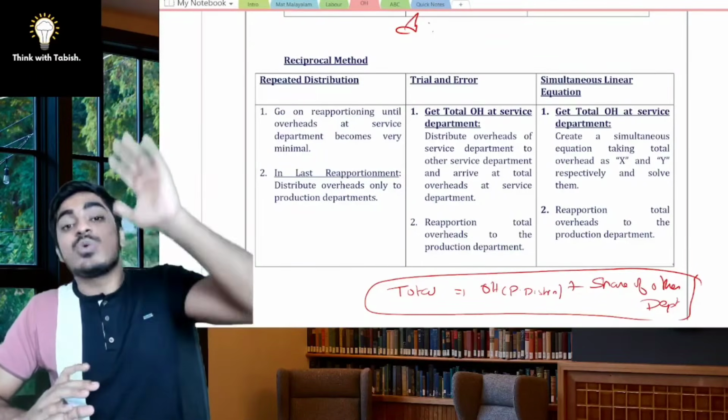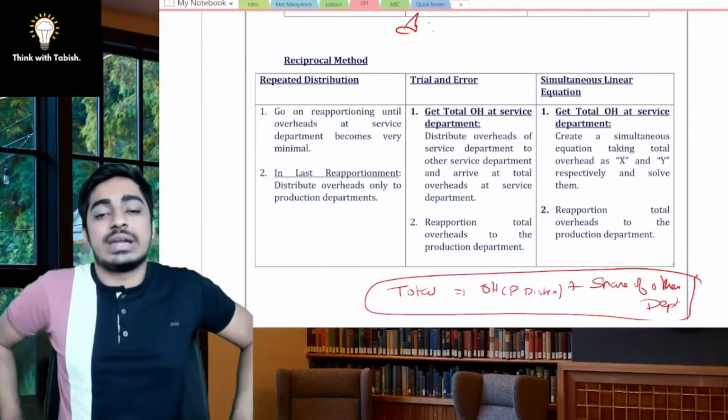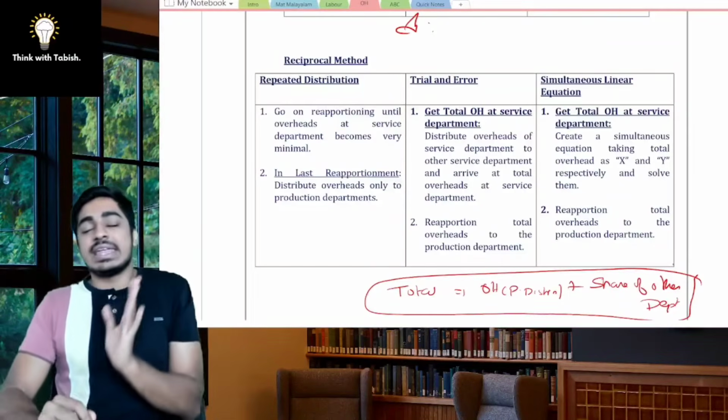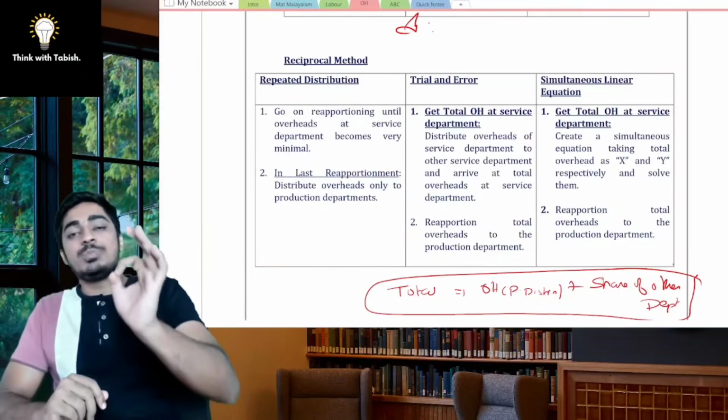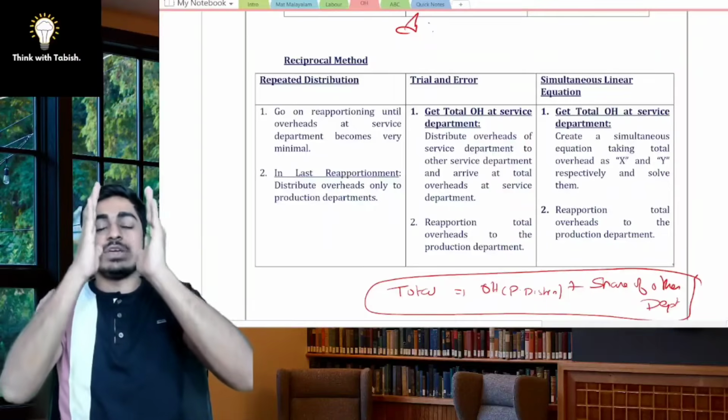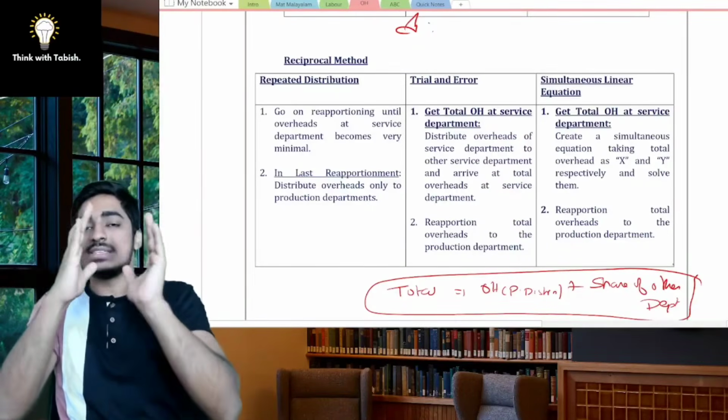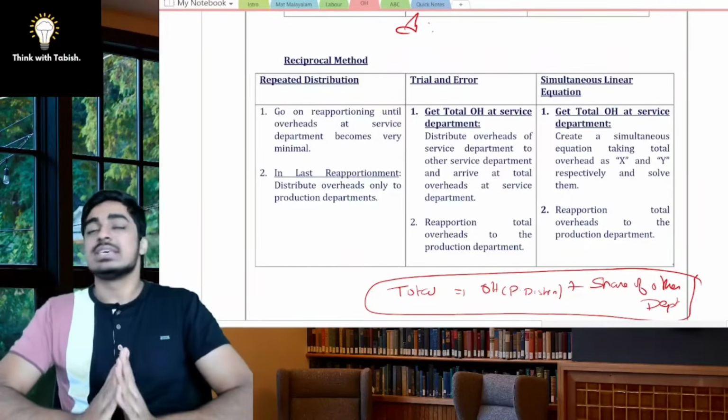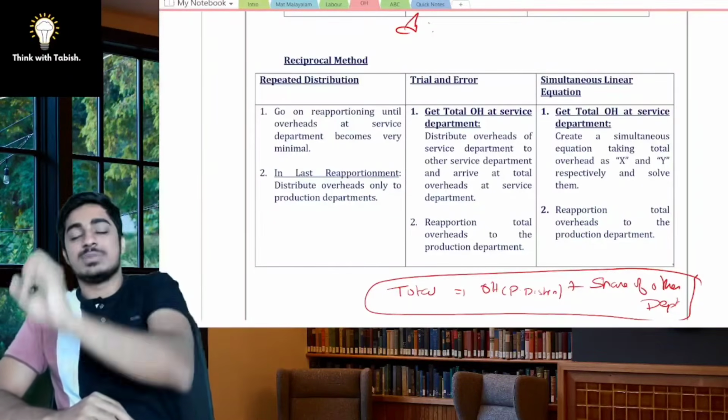First, we need to see how we can arrive at the total overhead at the service department. In the trial and error method, we need to prepare a working note wherein we only take the two or three service departments we have. We have service department 1 and service department 2.